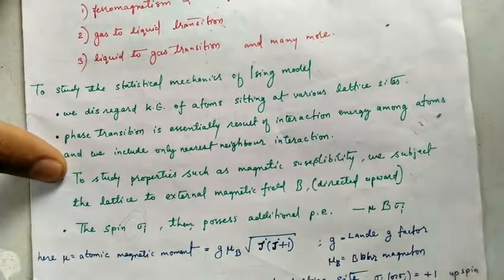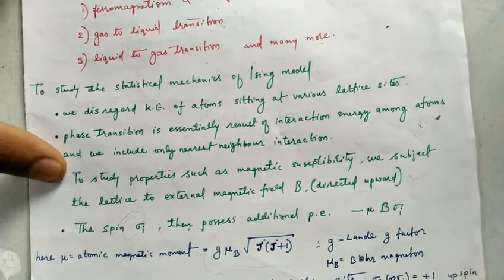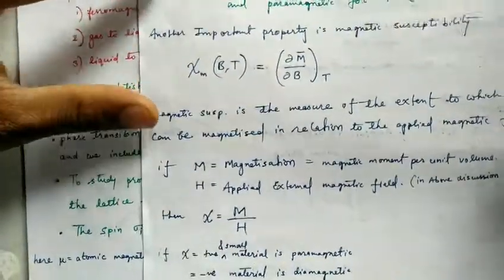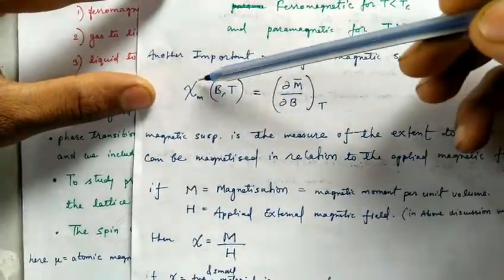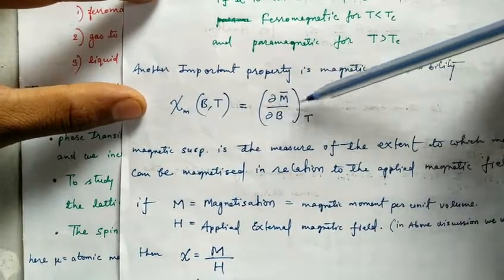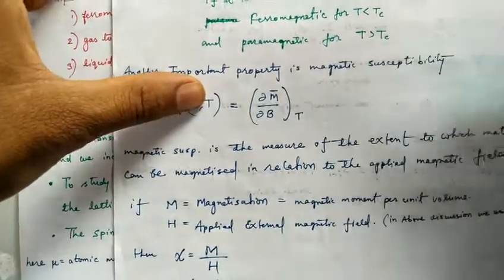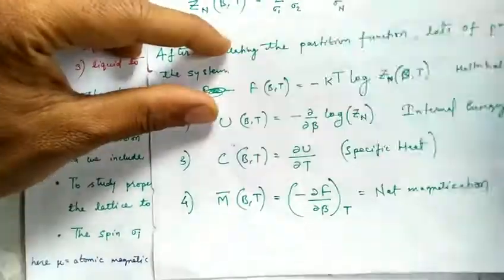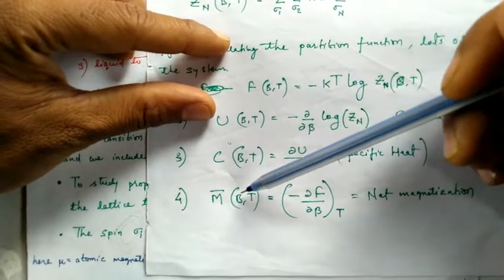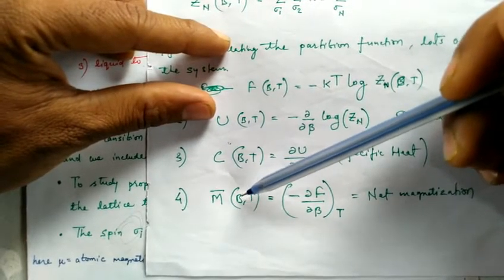You can see here that the susceptibility depends on the magnetization M, and this magnetization M further depends on the magnetic field B. It is written very clearly.